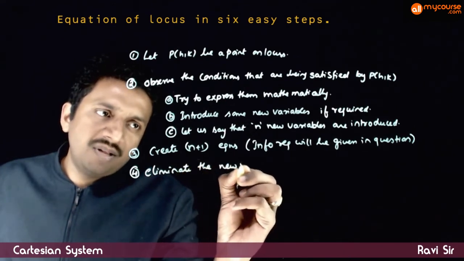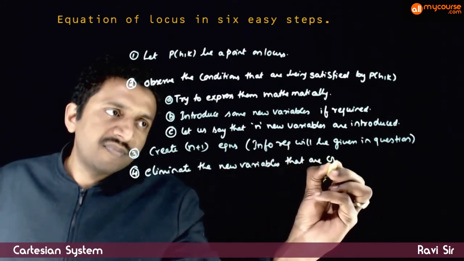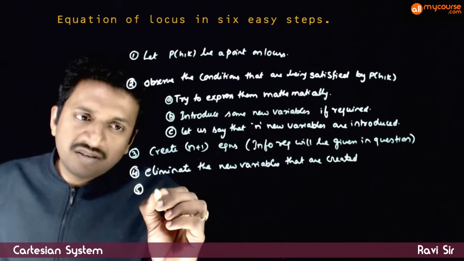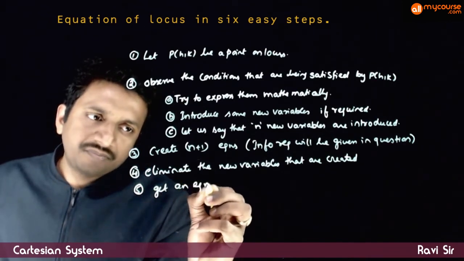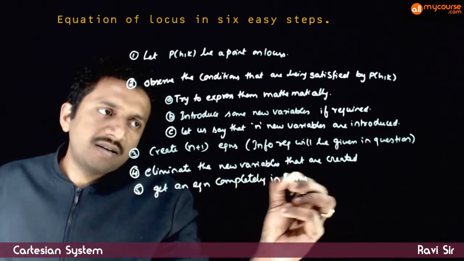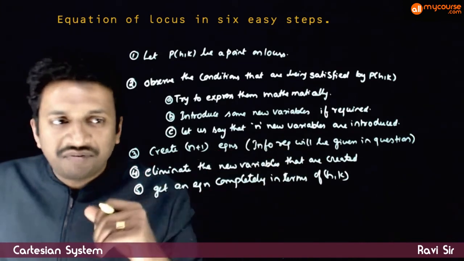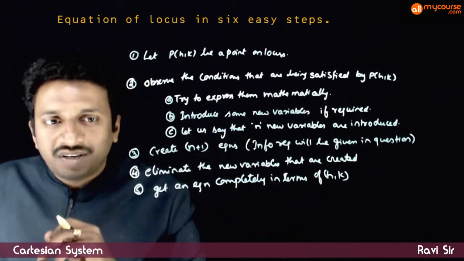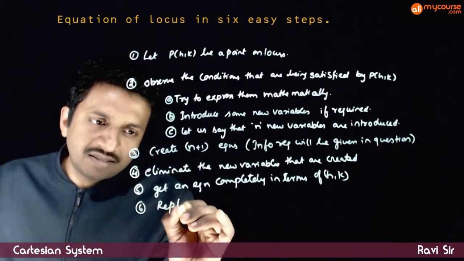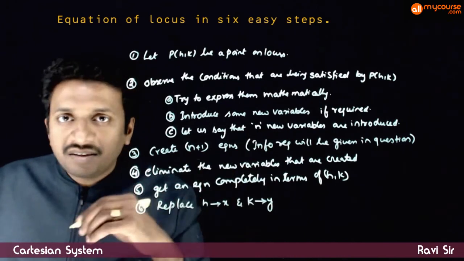Once you create n plus 1 equations, eliminate the new variables that are created. Once you eliminate them, you get an equation completely in terms of h and k. Then replace h by x and k by y.